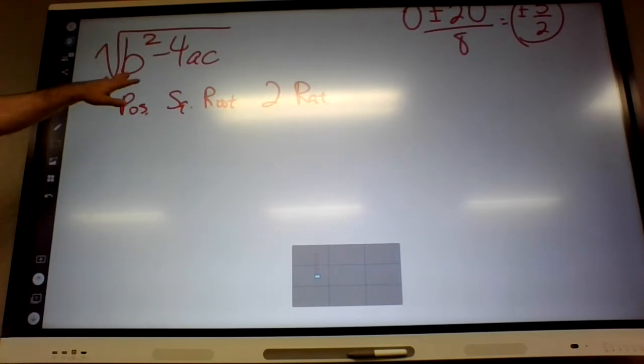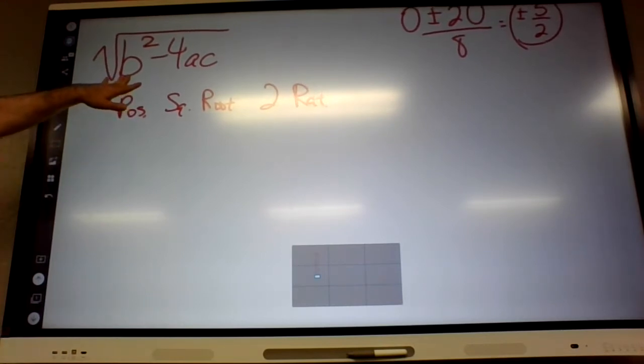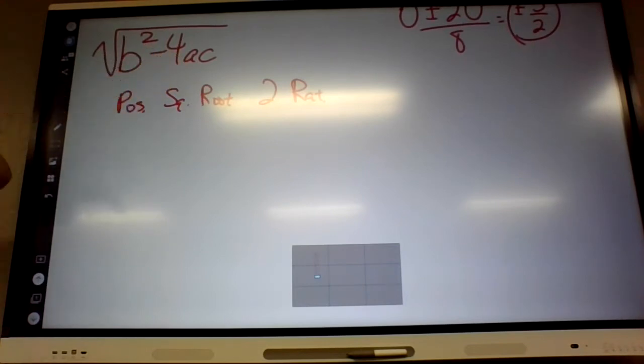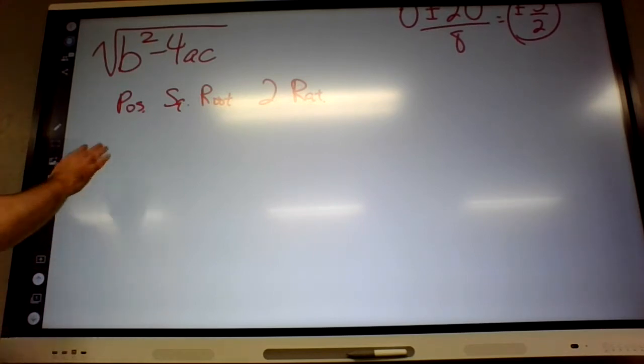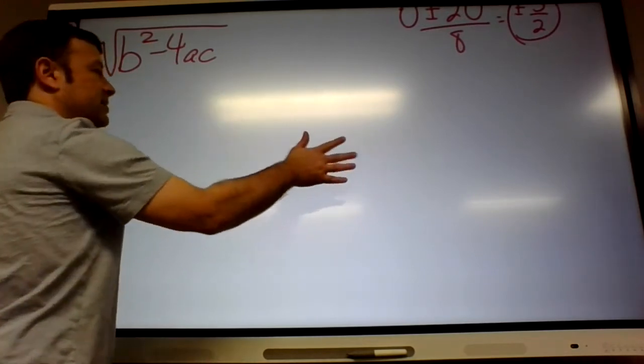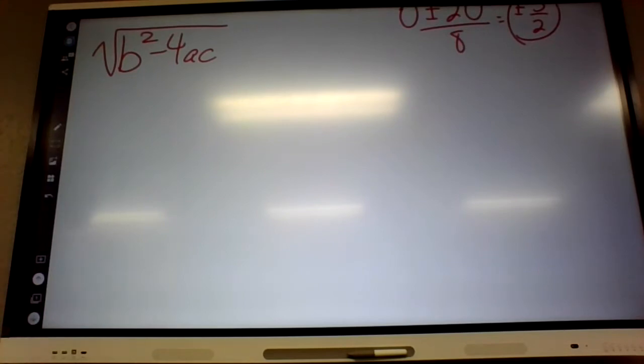If it comes out negative, what kind of answers will you have? 2 complex. Because if it's negative under the square root, it's imaginary. So you have 2 complex answers. If it comes out as 0, that means 1 real solution. Like I said, if you don't remember that, you can just solve it normally and then say what kind of answers there are.